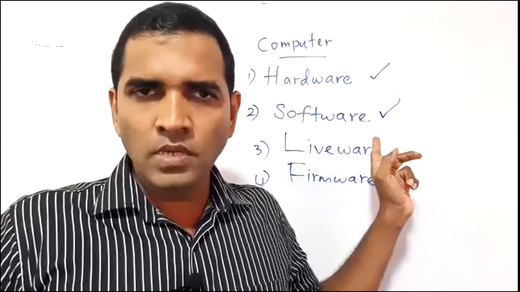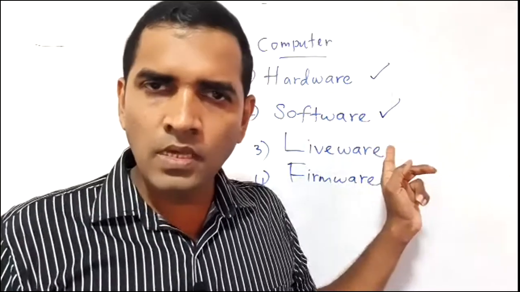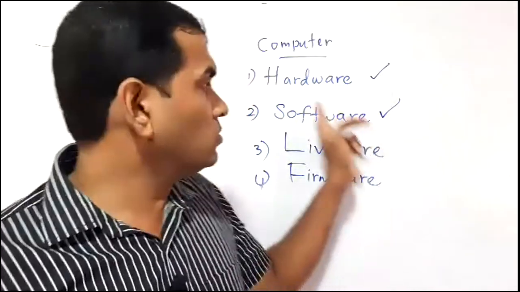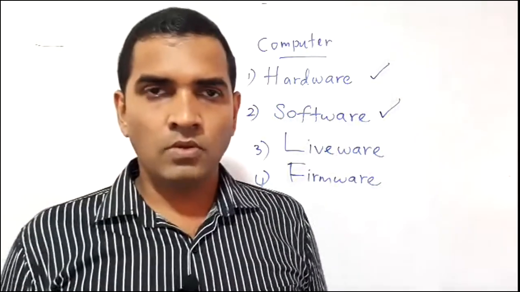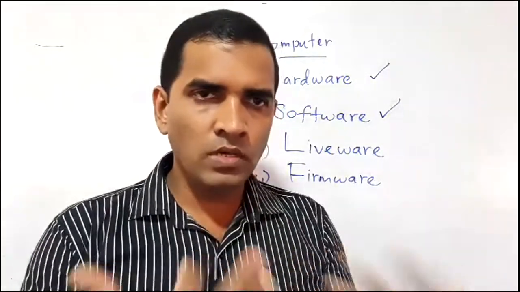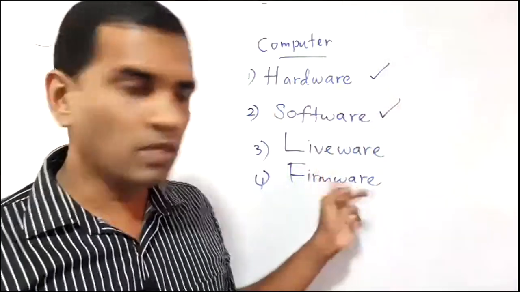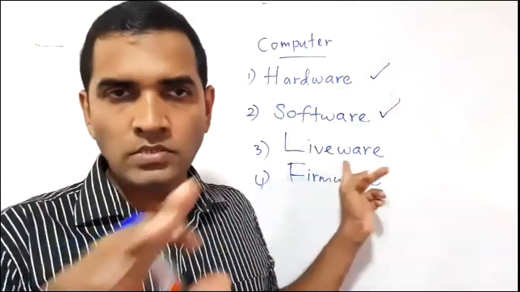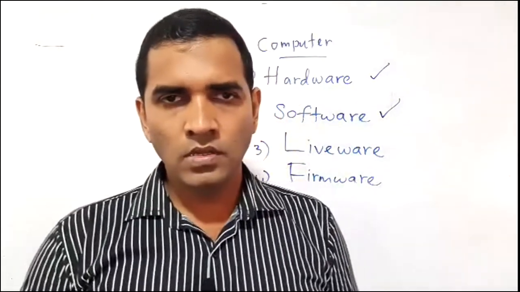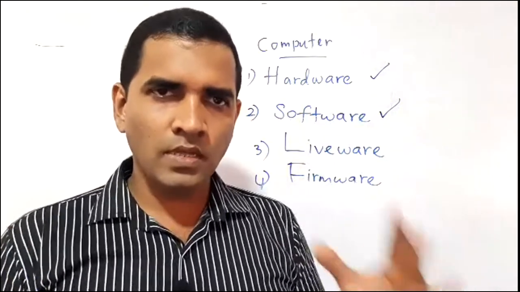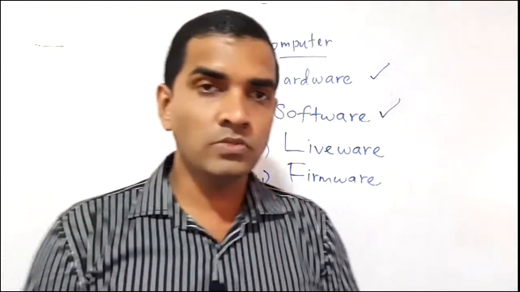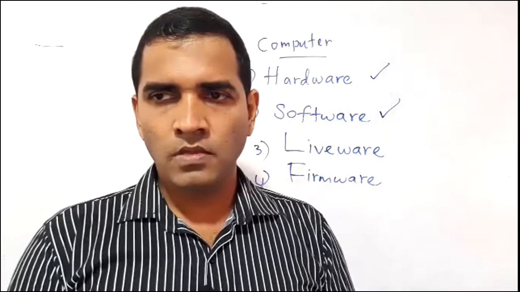At the same time, in order to perform any task, you need some hardware, because we have to give the data or instruction through the hardware. So hardware is important. At the same time, you must be there, in the form of liveware. If all these things are there, then it is possible to perform tasks.